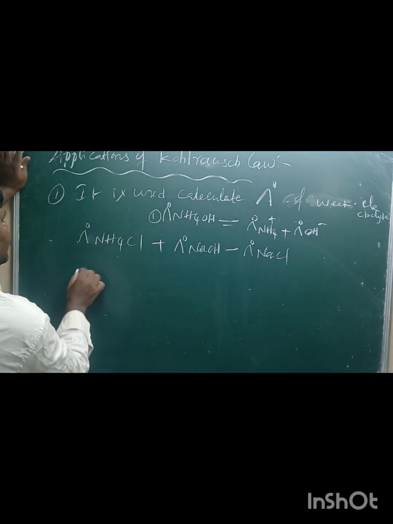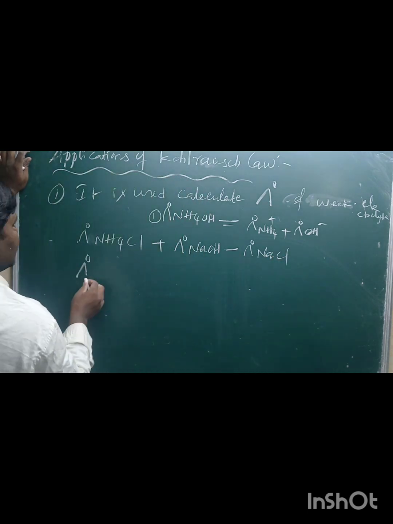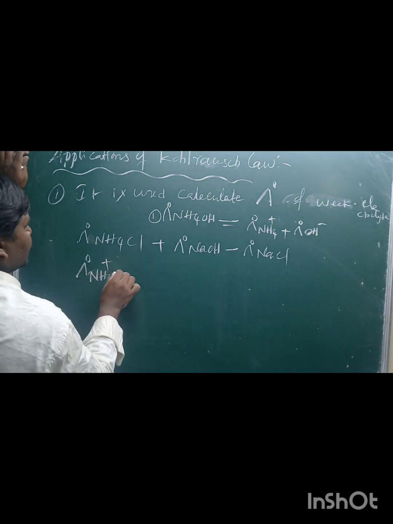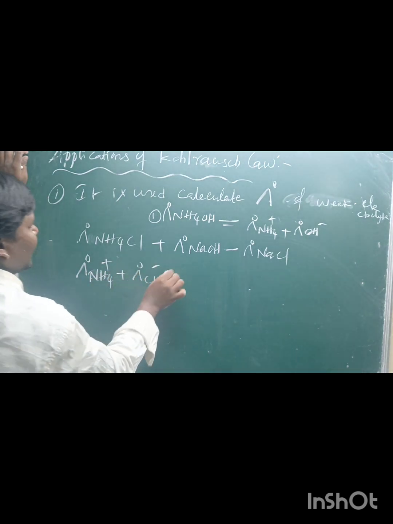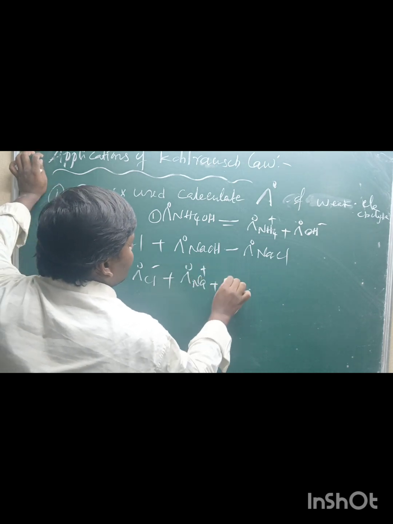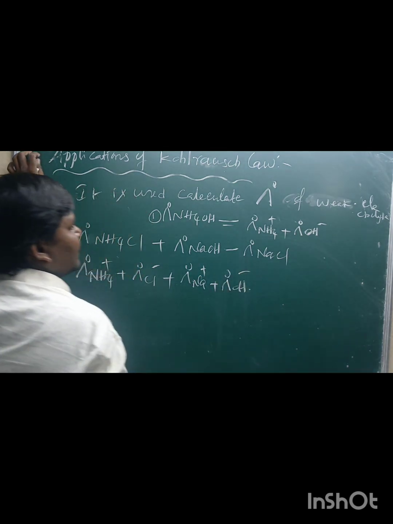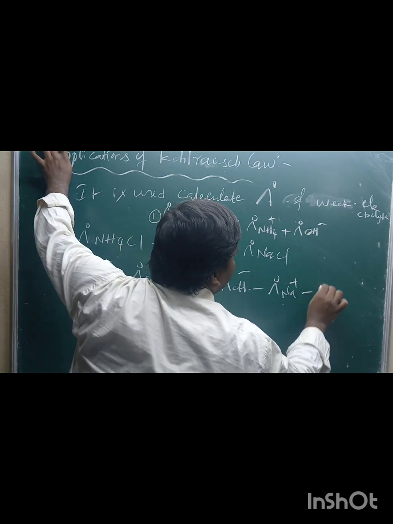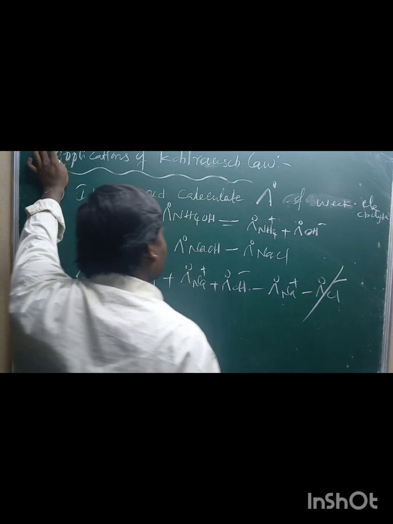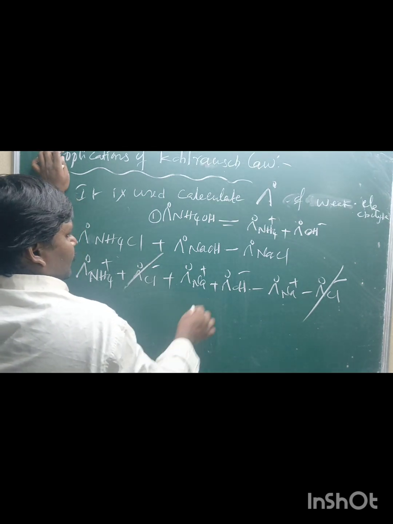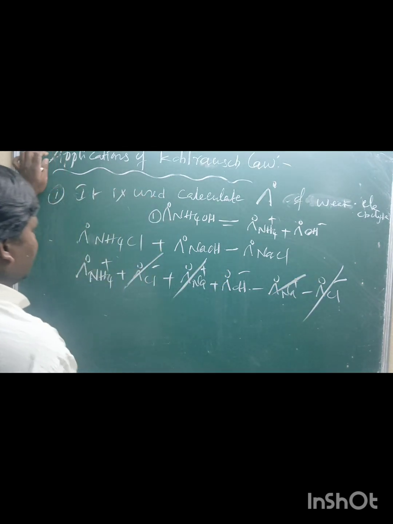We can observe here, dissociating into ions: NH4 plus, lambda naught Cl minus, plus lambda naught Na plus, lambda naught OH minus ions, minus lambda naught Na plus, minus lambda naught Cl minus. Cl minus plus Cl minus gets cancelled, and Na plus minus Na plus gets cancelled.